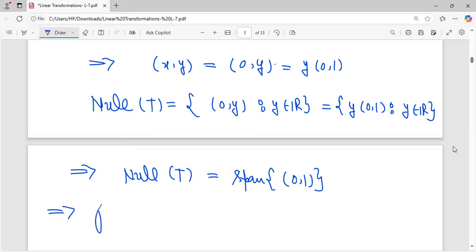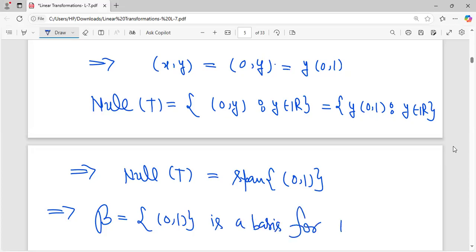So this implies B is equal to {(0, 1)} is a basis for null T.